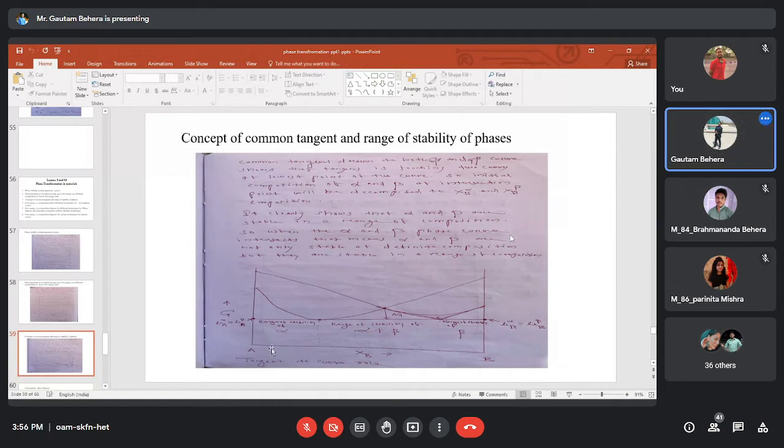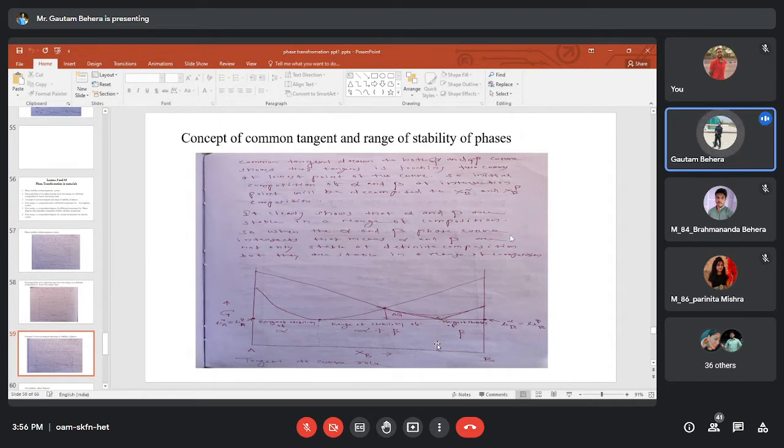Just have a look. So how can you determine the range of composition of these phases? After drawing the tangent, this is the tangent drawn to the two curves, alpha and beta. So you have to draw a projection. This is the intersection part. You draw a projection to the composition axis. Here, this is the intersection of this tangent with this curve.